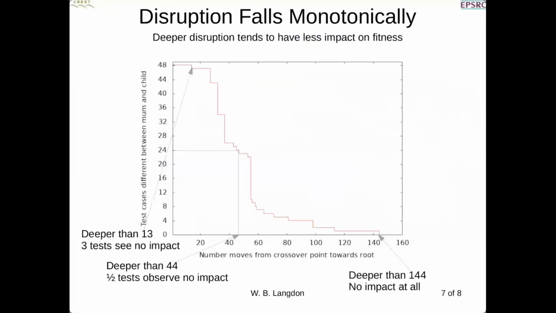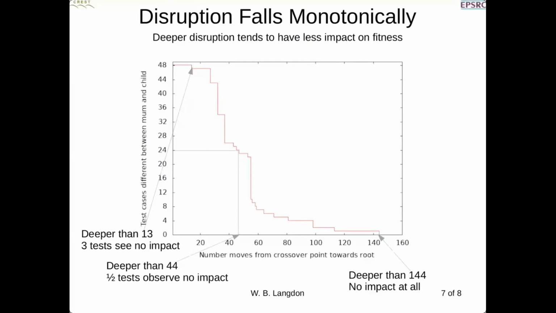This graph is showing the same example, so we can see on the left-hand side, we start off with all 48 test cases, there's a difference between the parent and the child. But as we move up the tree, by the time we've gone up 13 nested levels, then there are 3 test cases where the values are identical.